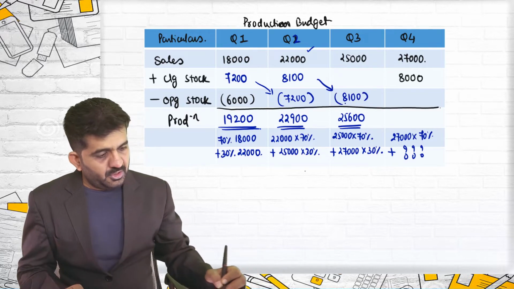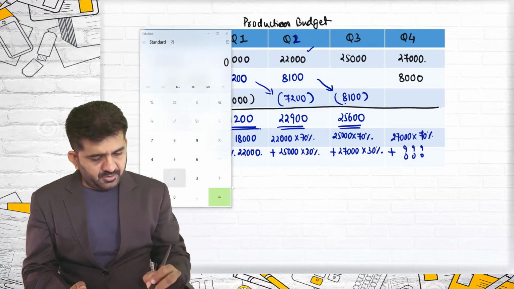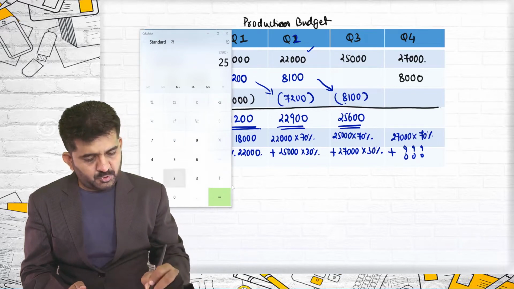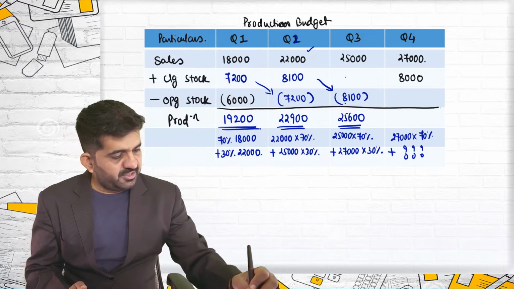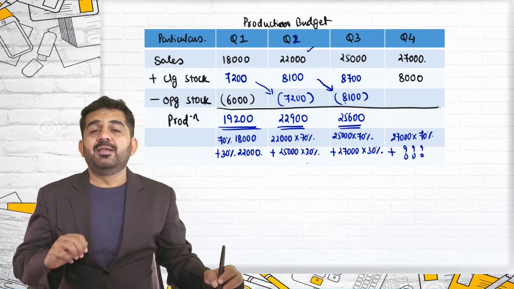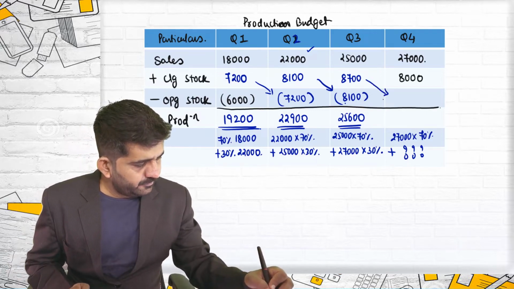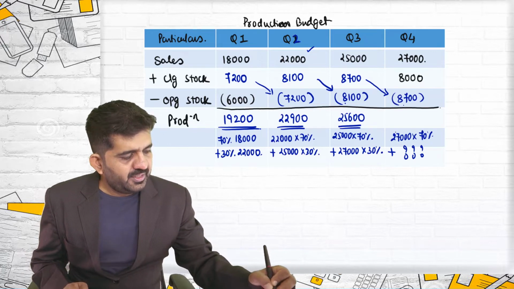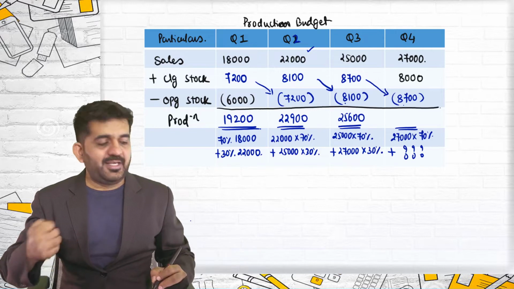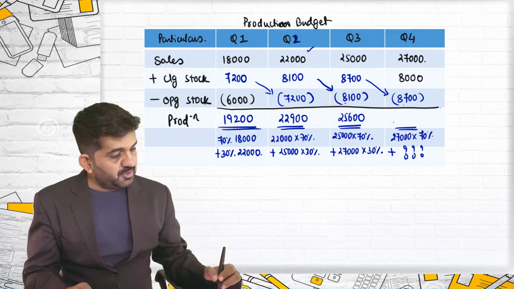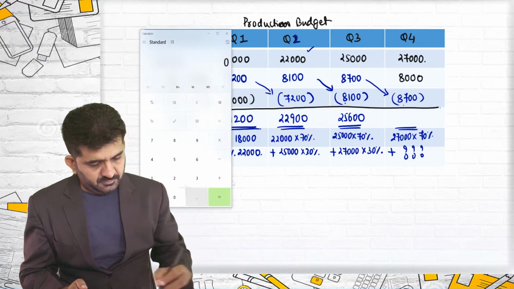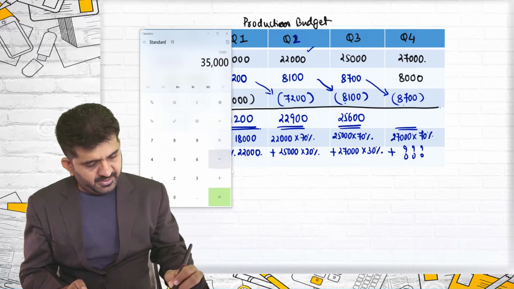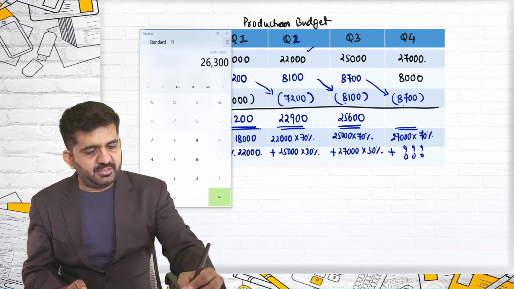Again, quarter 3 closing stock will be 25,600 plus 8,100 minus 25,000, which is 8,700, and will become opening stock for quarter 4. And so I will also get production of quarter 4, which is equal to 27,000 plus 8,000 minus 8,700. That is 26,000.